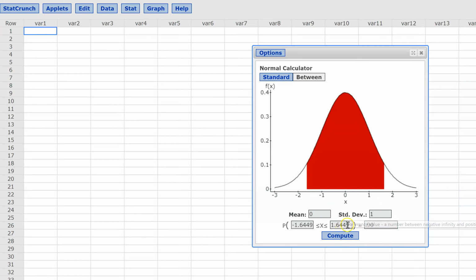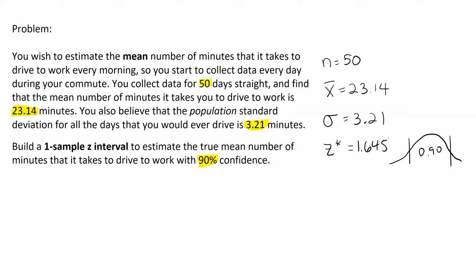So we have all of the pieces that we need to build this interval. Recall, what is the formula for building a confidence interval? It's going to be our point estimate plus or minus our margin of error. Well, our point estimate, if we're estimating a population mean, is just our sample mean.